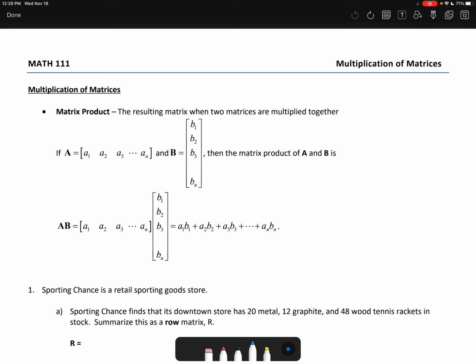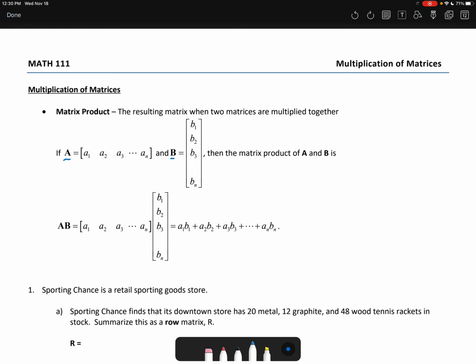When you're doing a matrix product, the resulting matrix will be of the format when you take basically a row multiplied by a column, so A is a row matrix and B is a column matrix. What you end up doing is multiplying the corresponding entries and then adding them together.